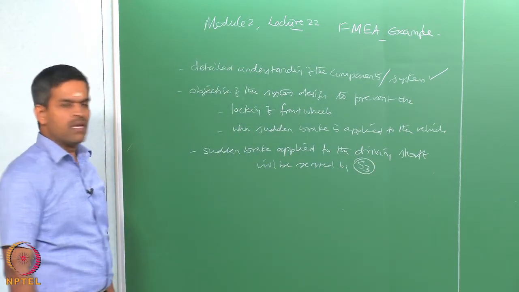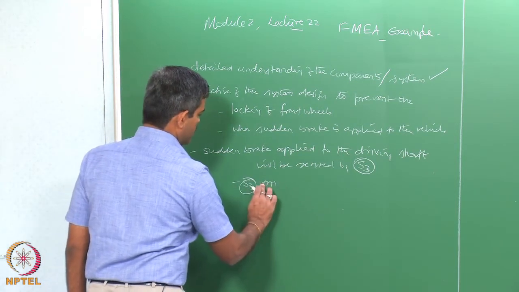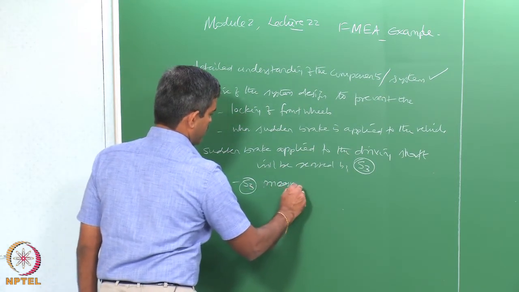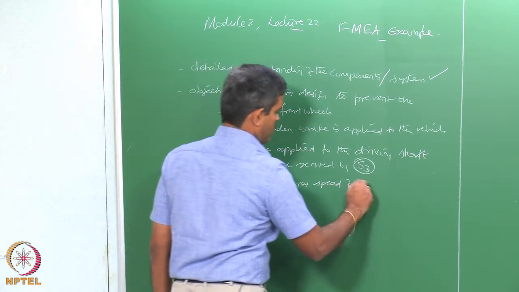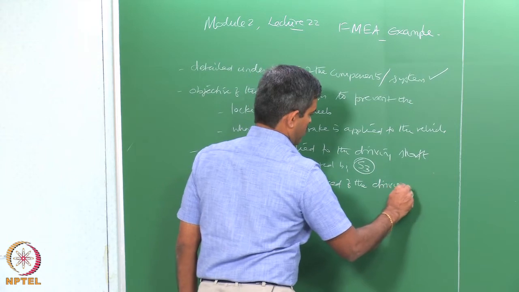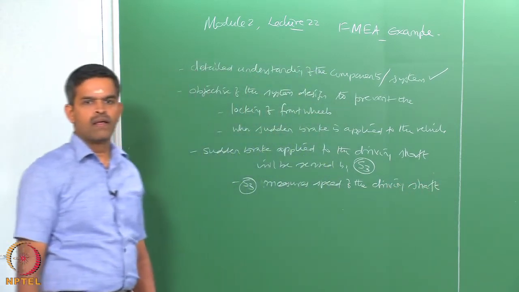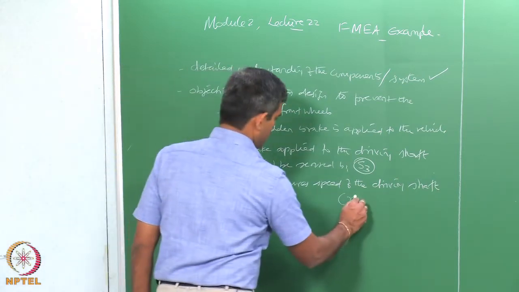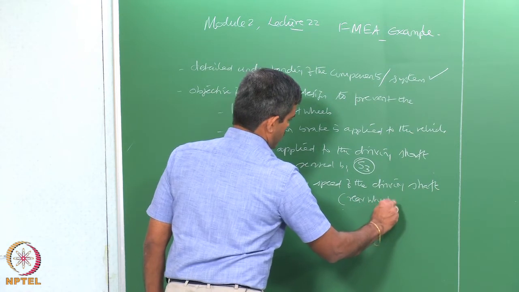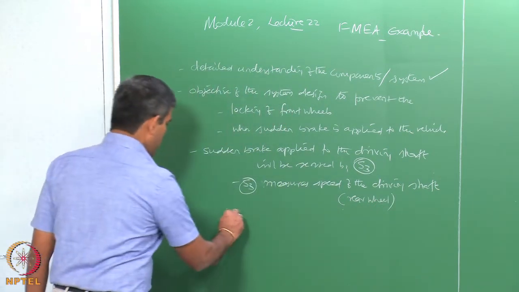The sensor S3 actually measures the speed of the driving shaft, which also indicates the speed of the rear wheel, of course. It passes information to the microcomputer.